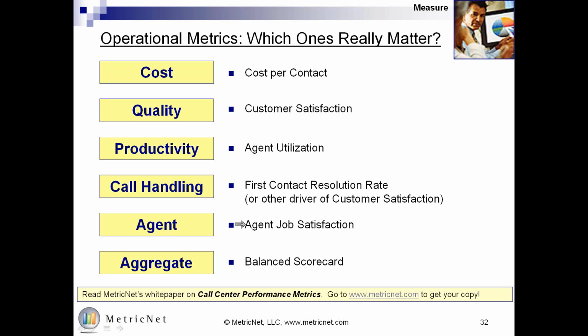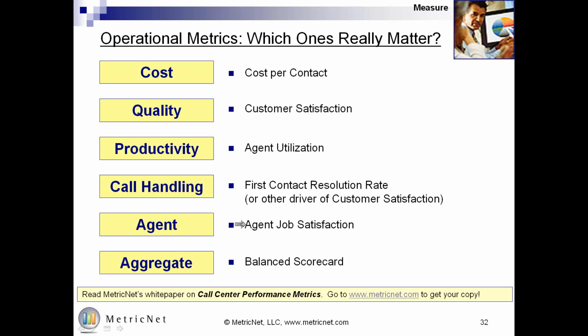The fifth metric on our short list of the metrics that really matter is agent job satisfaction. Now, a lot of people are surprised by this metric because they've never thought of it as being all that important in the management of a call center, but agent job satisfaction is a bellwether metric. It has a ripple effect across the call center and impacts, at least indirectly, every other metric in the call center.